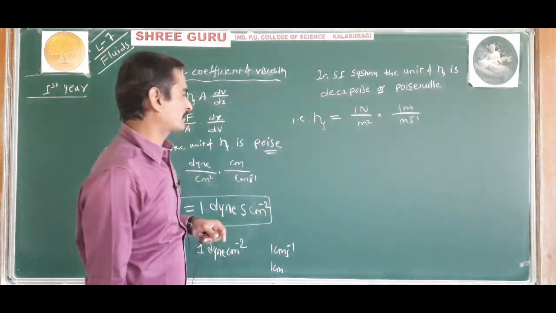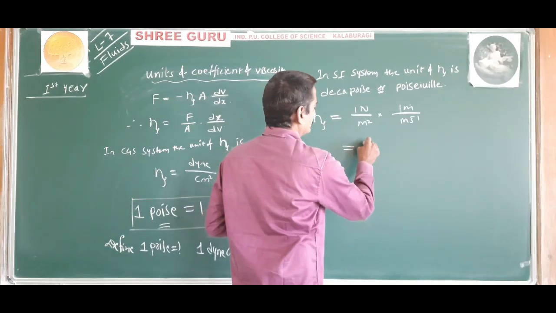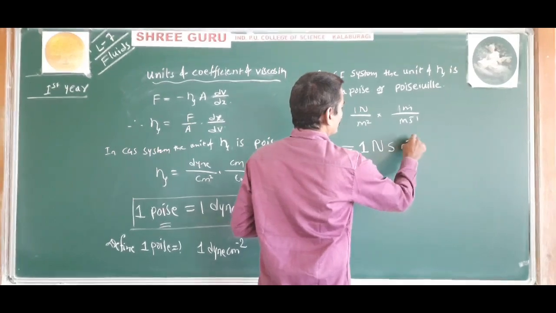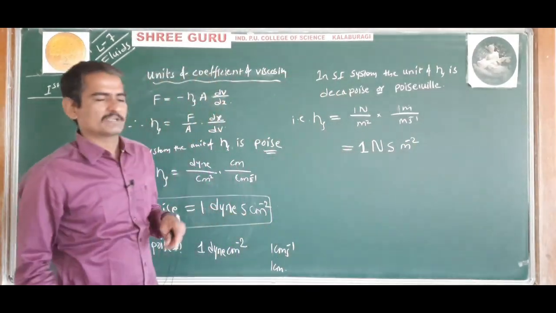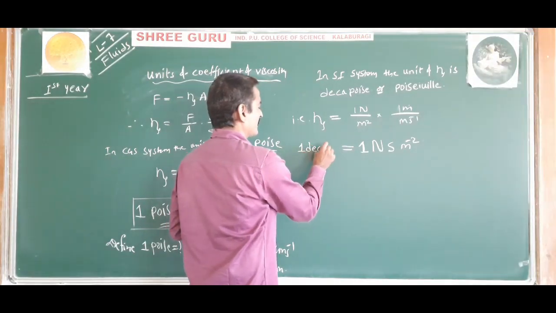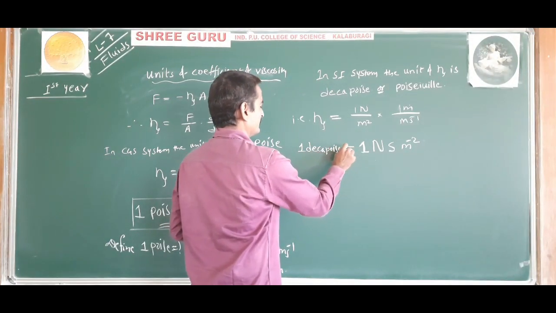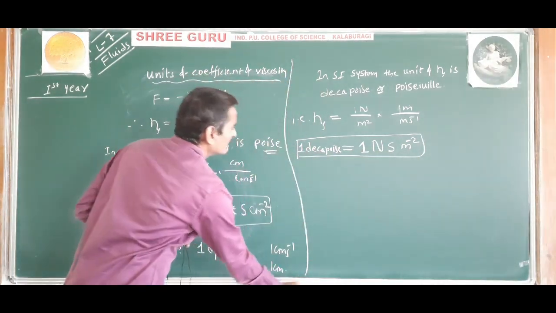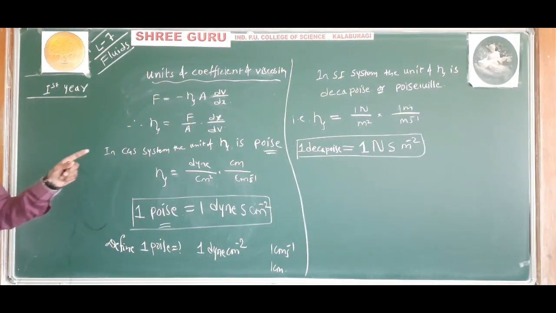Meter cancels, so you will get 1 Newton second per meter square, and this is called 1 decapoise, or 1 Poiseuille. This is the SI unit of coefficient of viscosity.